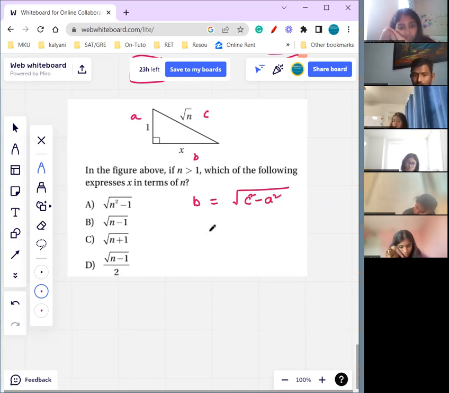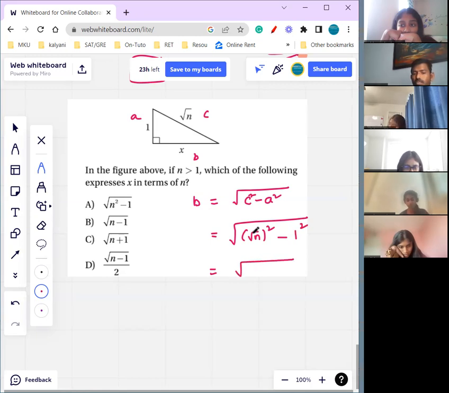So now the c value is radical n to the second exponent minus the a value, 1 squared. So I can simply write the square root, and the radical cancels out here. Then I get n minus 1. That's the b value.